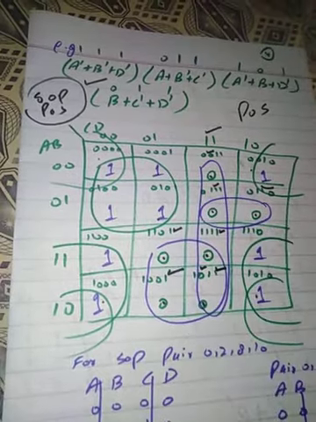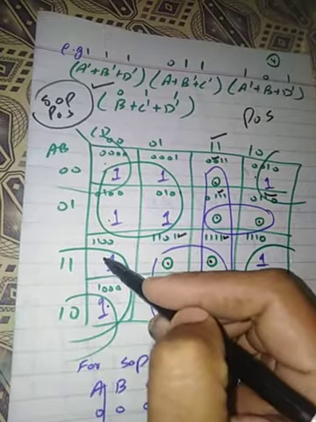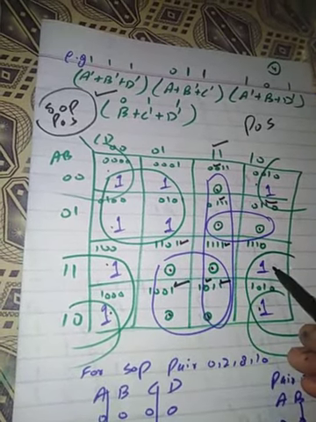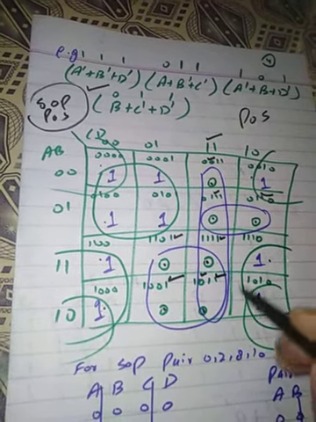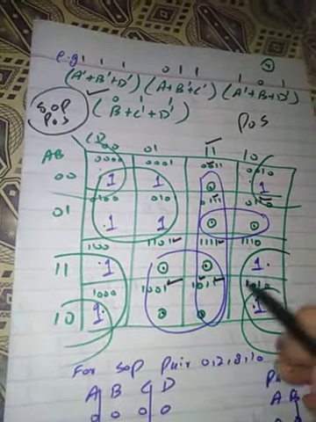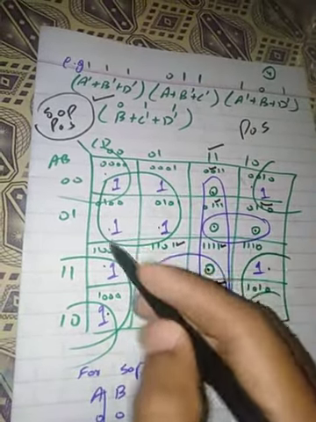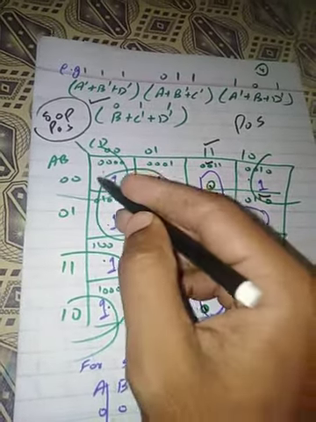If I make a pair like 0, 4, 12, 8, this is a 4. Now this one is remaining. To use this one, I again make a pair of these two and these two, a pair of 4. These two are remaining, then for these two I have to make a pair of this. This pair is extra, which I don't make.